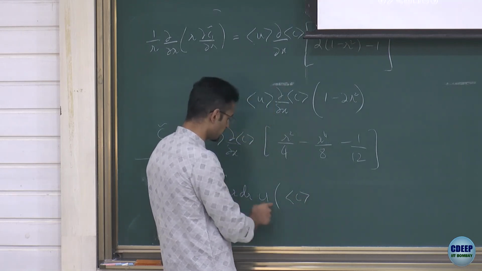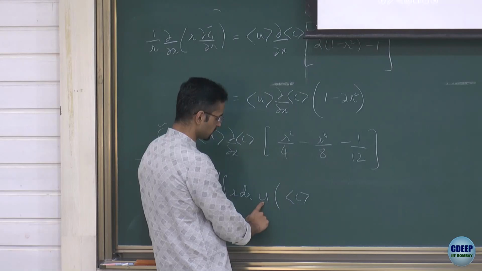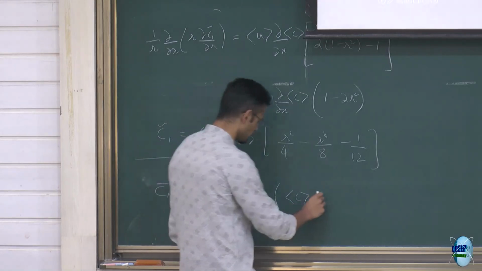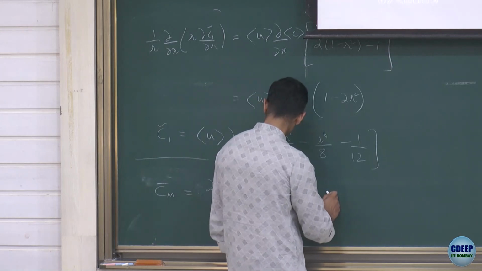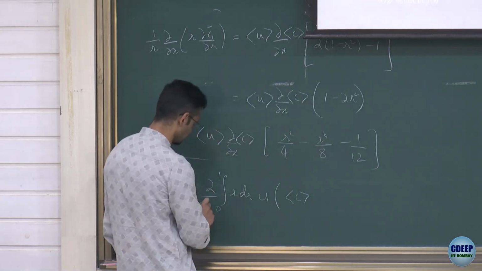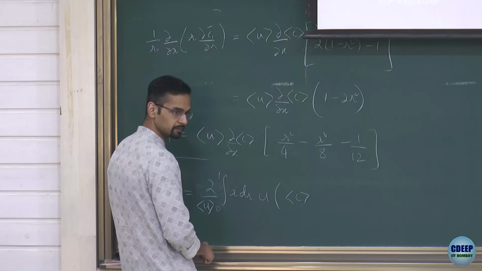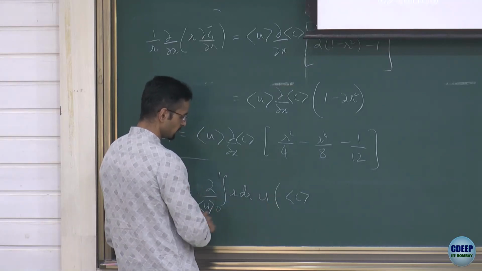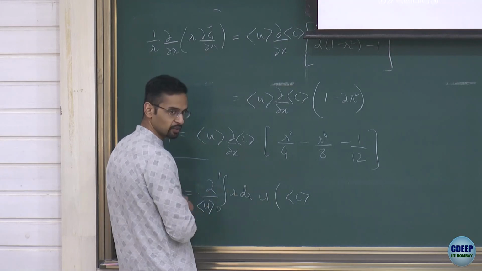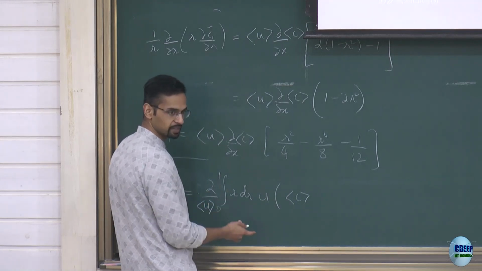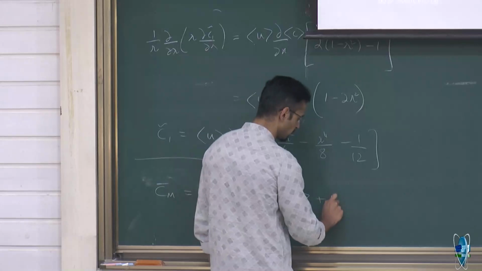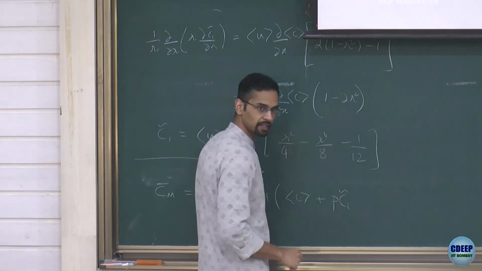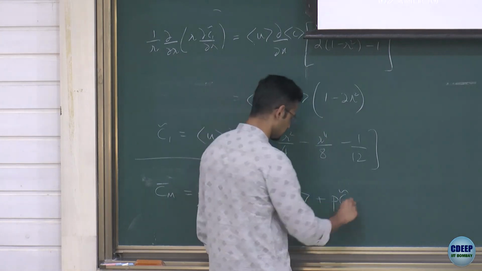So this C average will just give me a C average outside. Of course, I have to put this also. So if I write this as u average plus u tilde, u average into this, and this will just give me the first contribution of Cm is just the C average itself. Plus there will be an order Peclet correction, C1 tilde, and then higher order terms, which I have truncated.